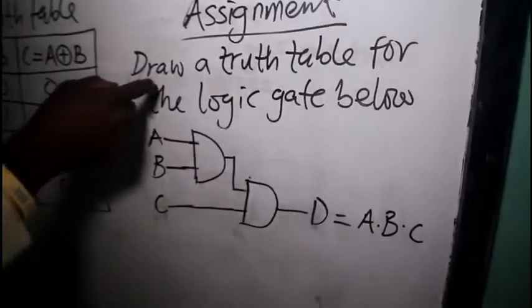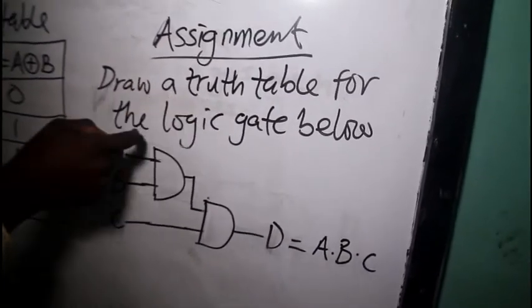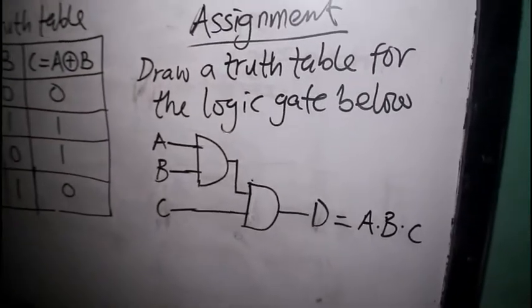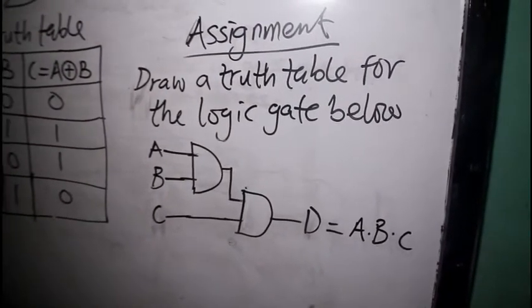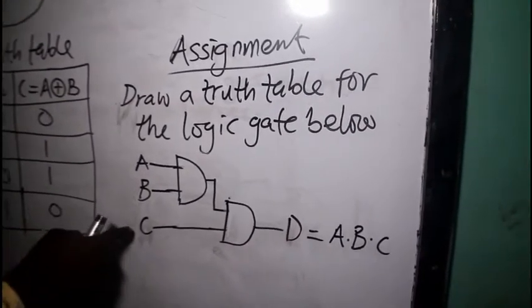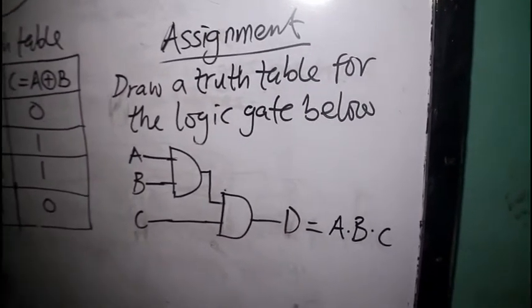So what you are going to do is draw a truth table for the logic gate below. Your truth table will have 3 inputs, which are A, B, C.